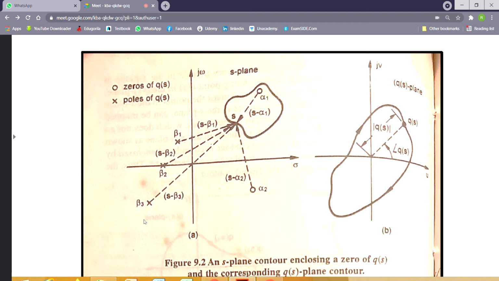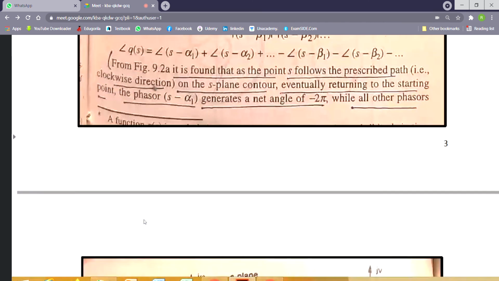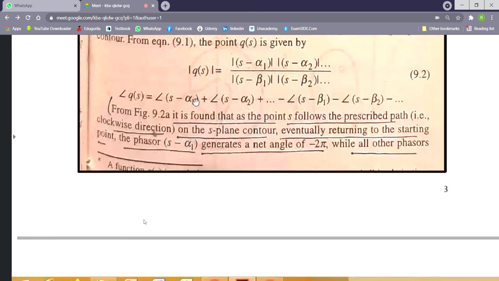And since the angle contributed by zeros is positive, in this case where one single zero was enclosed by the S-plane contour, delta QS will be equal to delta S minus alpha 1, and all the rest of the angles, delta S minus alpha 2, delta S minus beta 1, all these components will be 0.